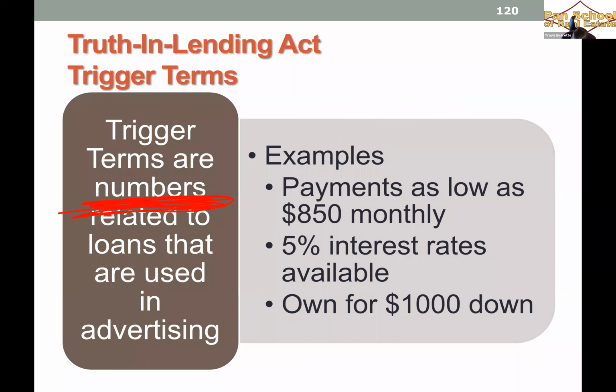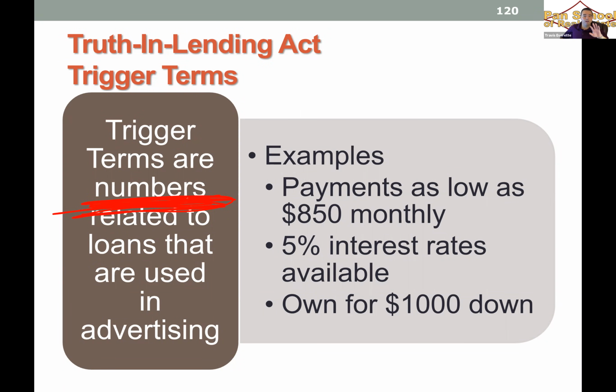Let me say it again, numbers. They're numbers that relate to the loan. Any number that relates to the loan is a trigger term. That's why we get in trouble with this stuff.